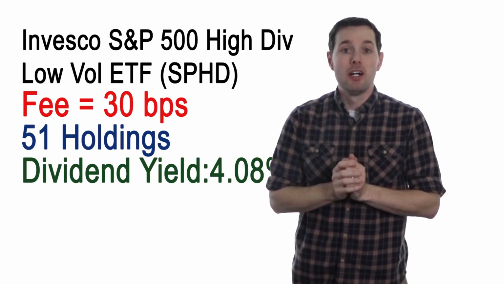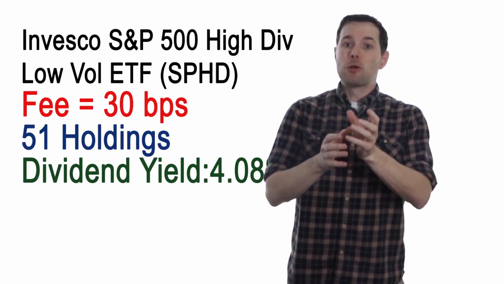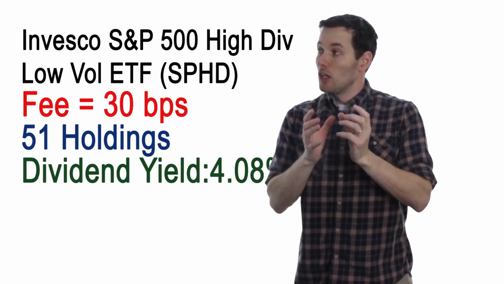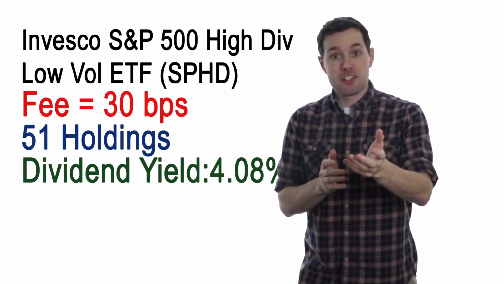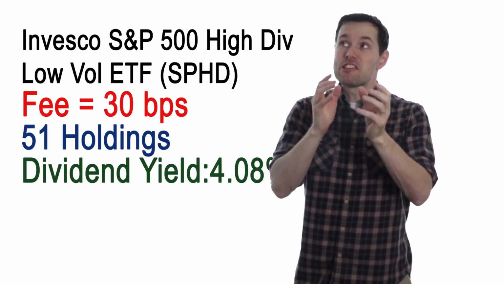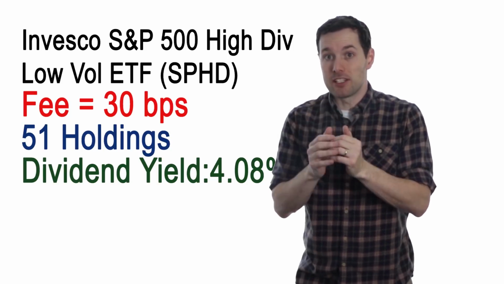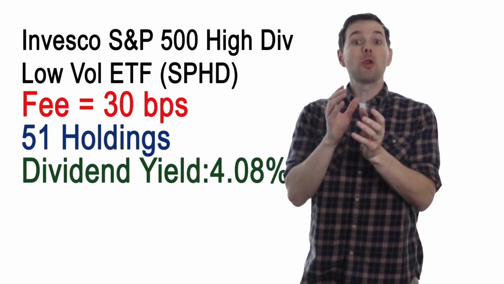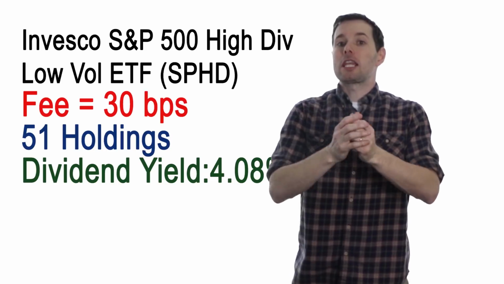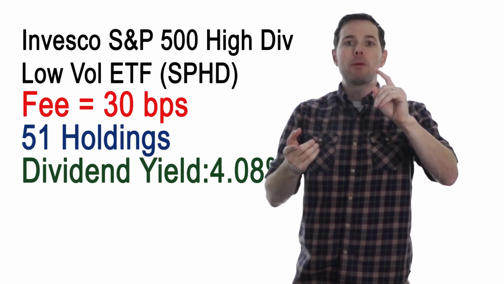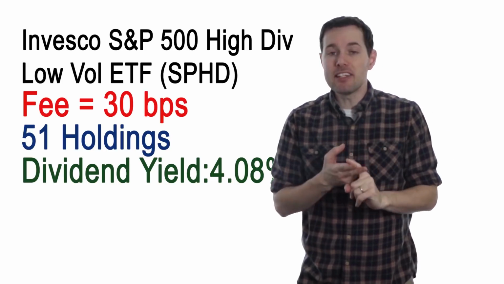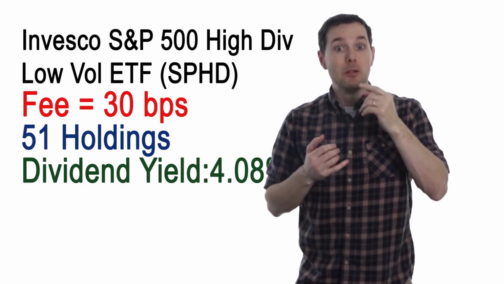Okay, easy enough. So SPHD goes after the less volatile, large and mid-cap names picked from the S&P 500's 75 highest dividend yielding stocks. So the whole ETF ends up looking a lot like the market does. They have companies like HCP, AT&T, Verizon, Procter & Gamble, companies like that.